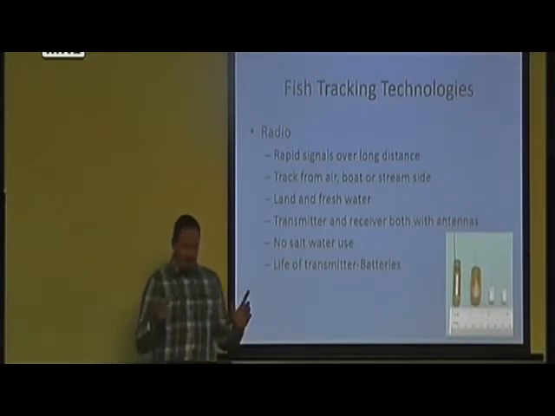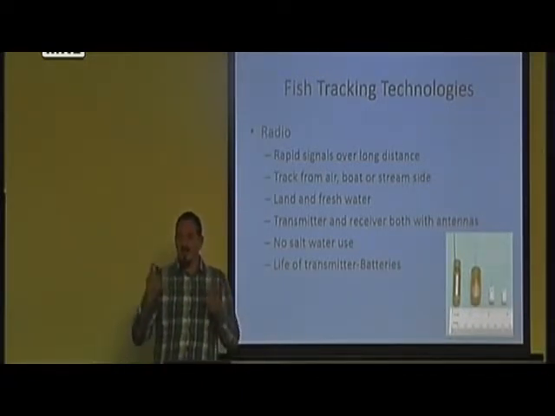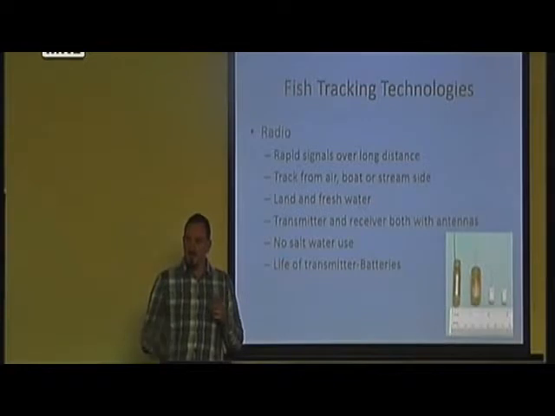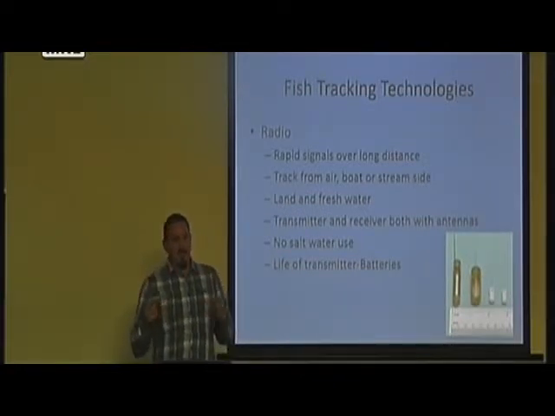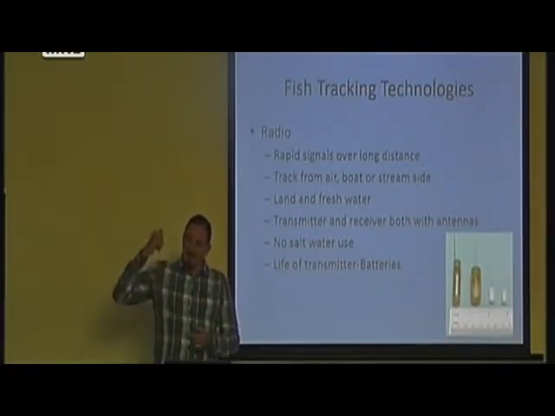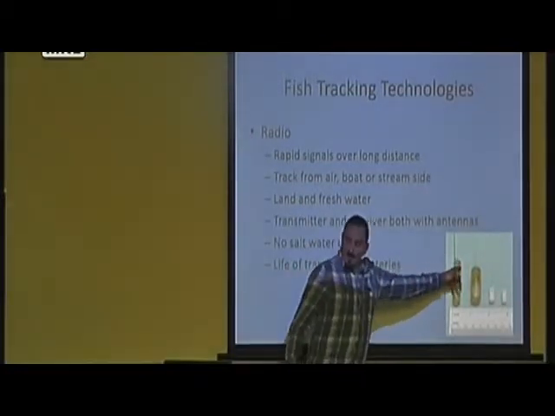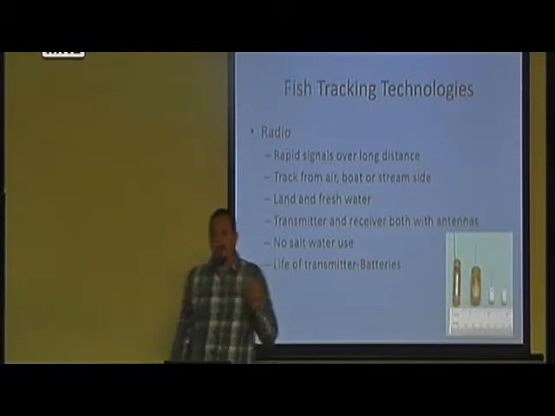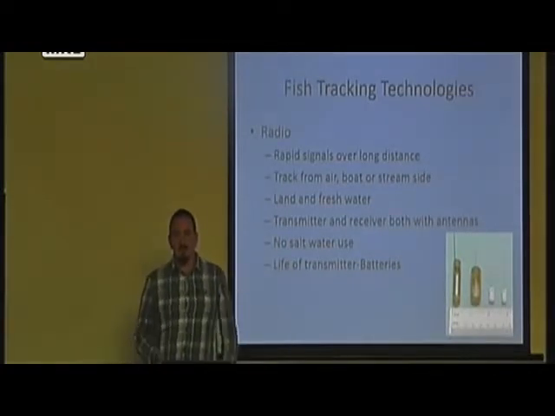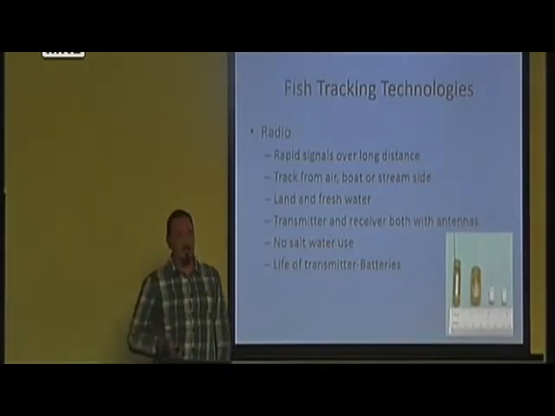The thing with the radio tag is there's an antenna on the transmitter and on the receiver. So the fish is going to have the tag inside it, but then it's got a little antenna that sticks out of the fish. So it's also pretty big, and it has an issue of battery life. How long is the battery going to last?